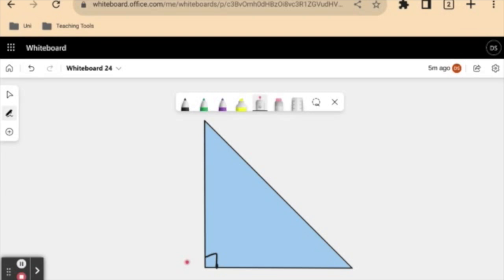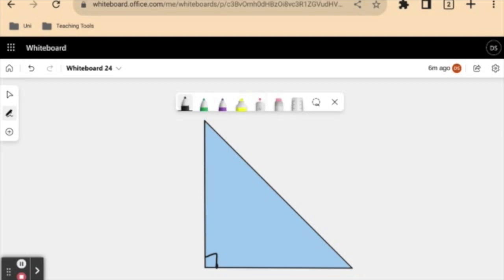So here we have a right-angled triangle, and the way we classify that is that two of its edges meet at a right angle. We can say these are perpendicular to one another. And our third side just joins these other two edges.